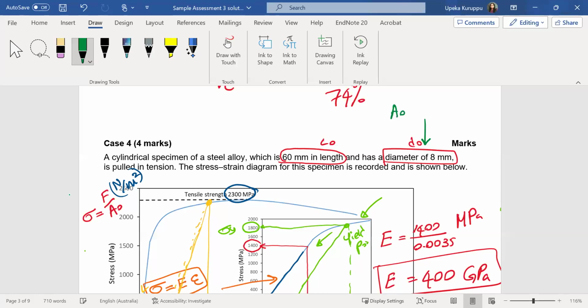The area is equal to pi d squared over 4, and you need to convert d to meters, so that will be pi times 0.008 squared over 4. So if you know the area and the maximum stress, you can find the maximum force. Can you guys find me the maximum force or the maximum load, please?